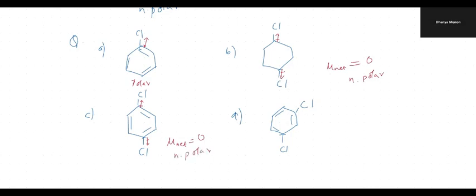And in the next one, the dipole is from carbon to chlorine, here also from carbon to chlorine. And you can see the bond angle is 120 degrees between the two chlorines. So there is some value of mu.